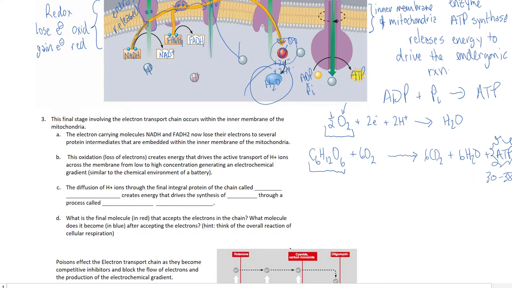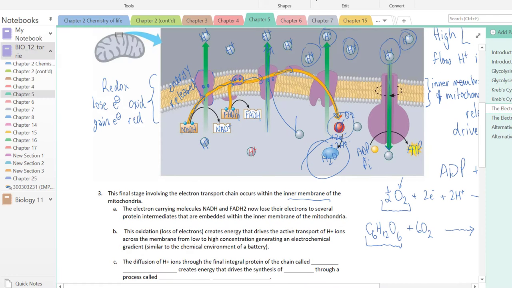So down below here, we summarize these. The final stage involving the electron transport chain occurs within the inner membrane. The electron carrying molecules NADH and FADH2 are now losing their electrons to several protein intermediates. And by protein intermediates, these are essentially enzymes that are catalyzing different steps of the metabolic pathway.